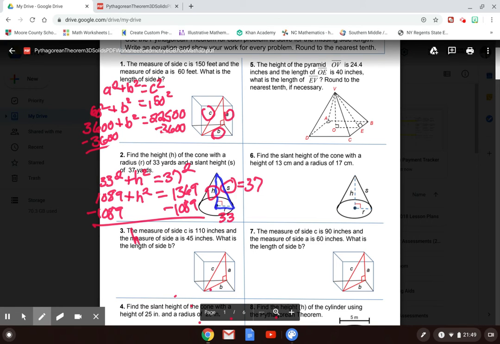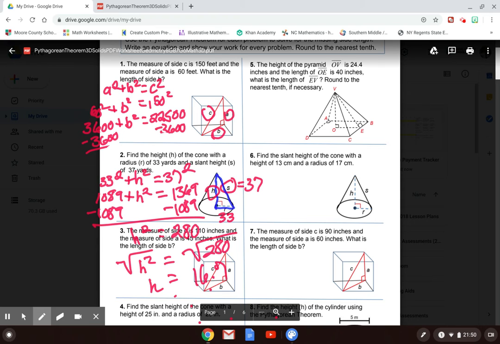So H squared equals 280. Then I find the square root of both sides. And that leaves me 16.7. So that means my missing side there is going to be 16.7. That's what you need to keep in mind when they're talking about a slant height. The slant height is treated like a hypotenuse.